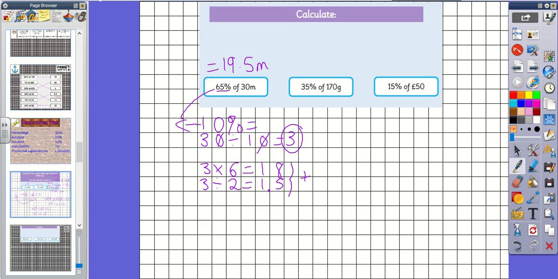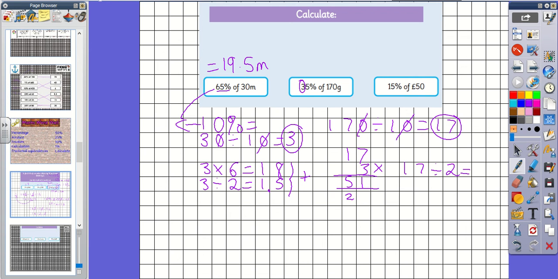Okay, so this next one here is 35%. So again, work out 10%. So 170 divided by 10 equals 17. I need 3 lots of 10 to give me 30. So I need to do 17 times 3, which gives me 51. I now need to find out what 17 divided by 2 is.